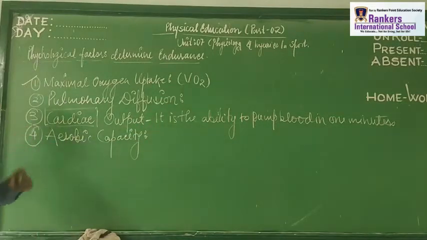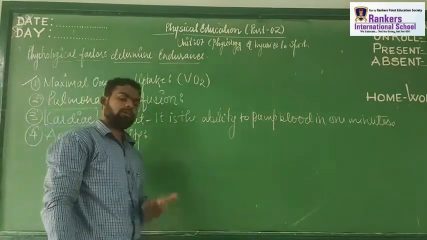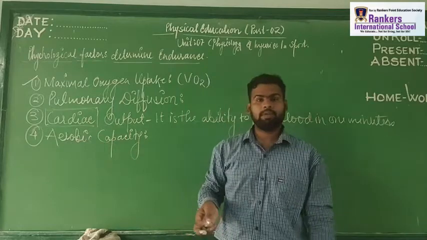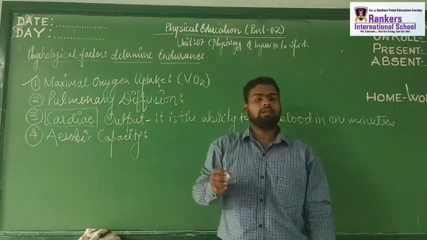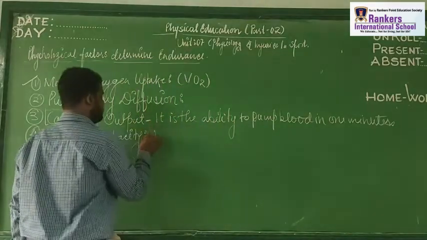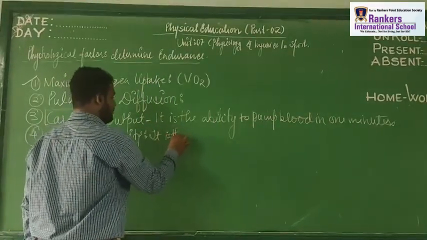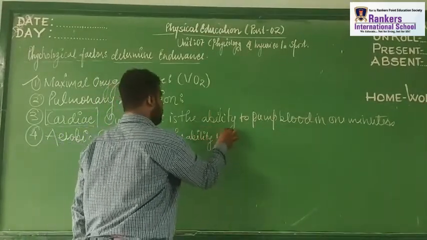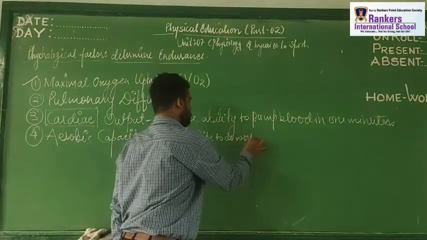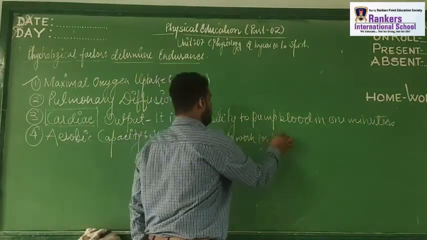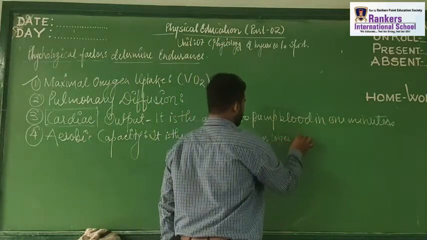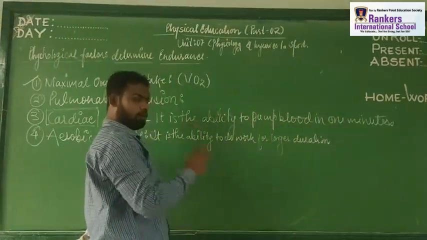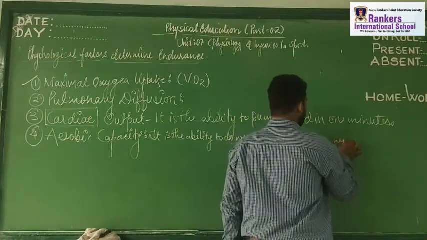Aerobic means there is the presence of oxygen. Aerobic means it is cardiovascular, and it is long term. So aerobic capacity is the capacity to do work for a longer duration with slow speed.